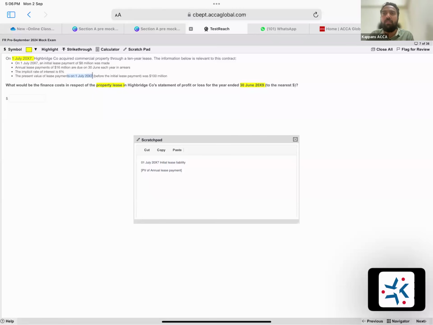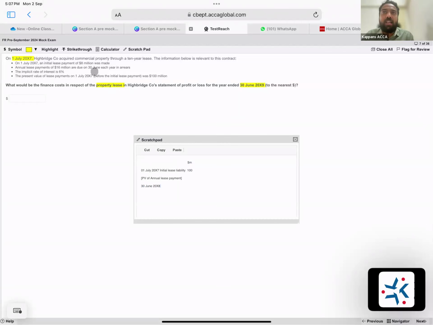The present value of lease payment on 1st July X7 is 100 million. Now the year end is 30th June X8.